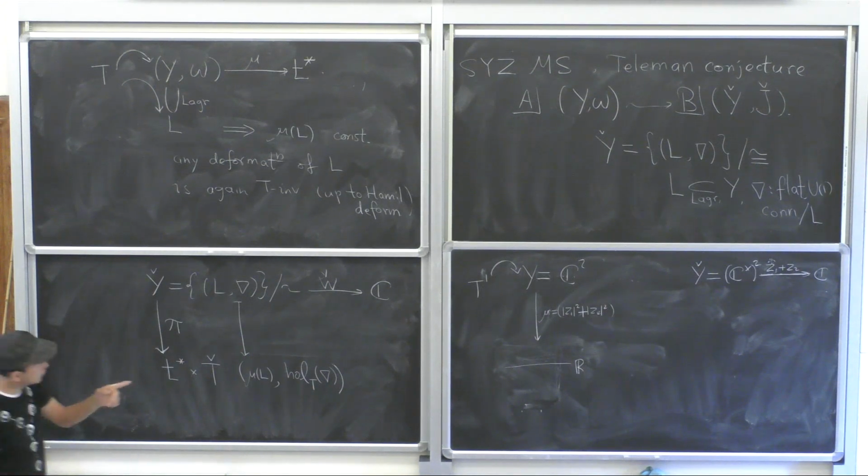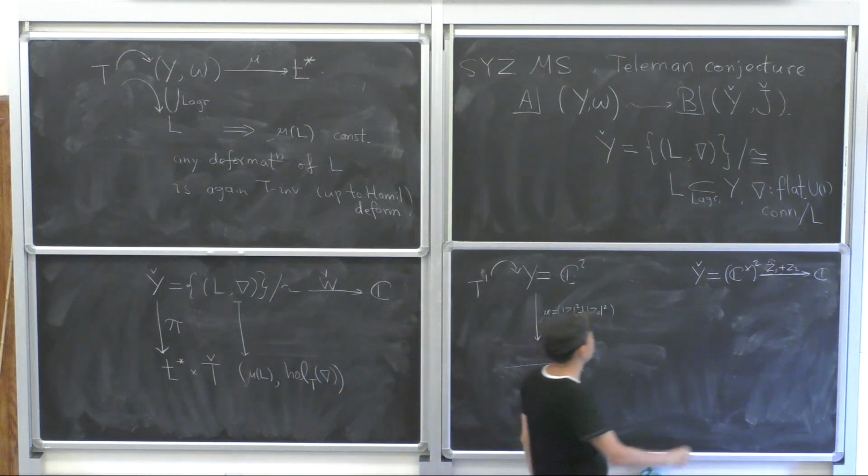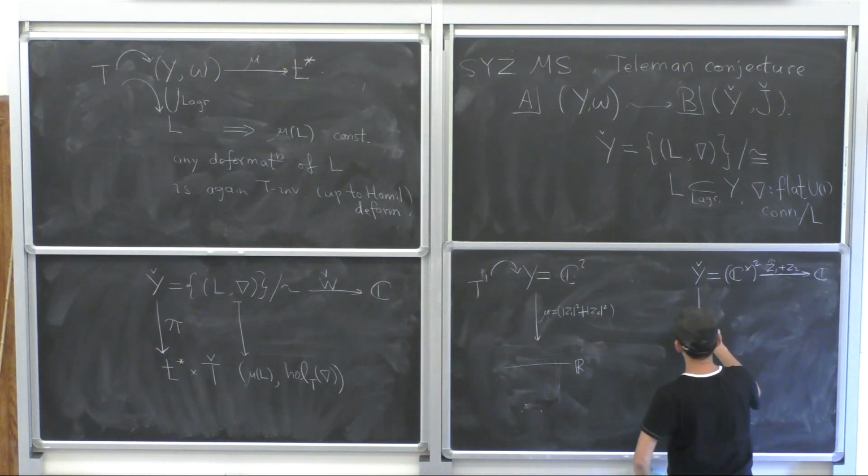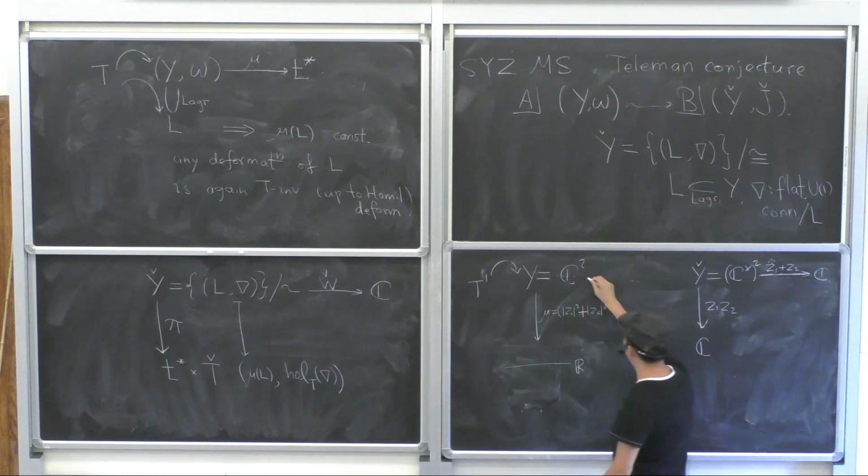In this particular case, the map is just Z1 times Z2, to C. Maybe I should write it as mu here.